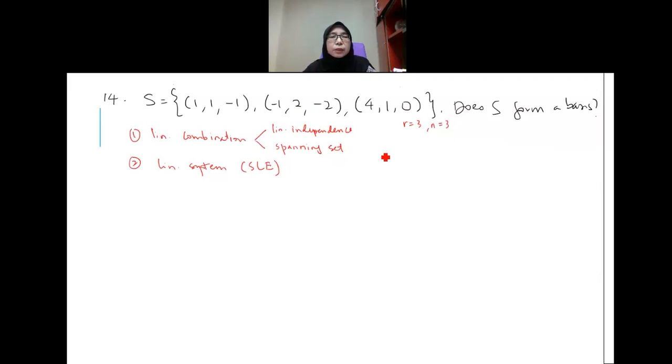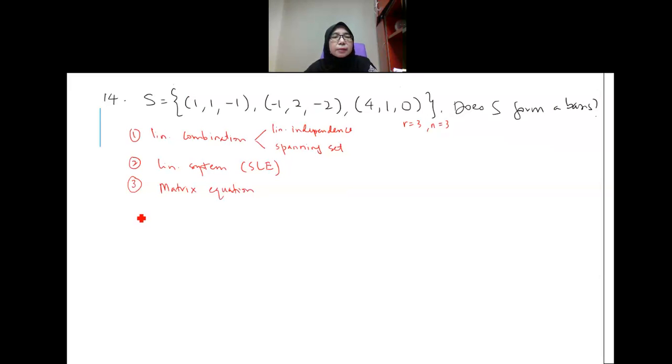So for the linear system, you can choose either the linear system for linear independence or the linear system for spanning set. Then from this linear system, you should form a matrix. You should get a matrix equation.